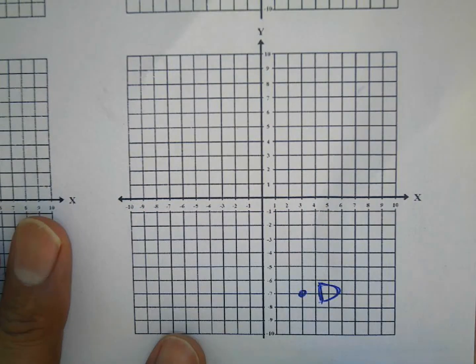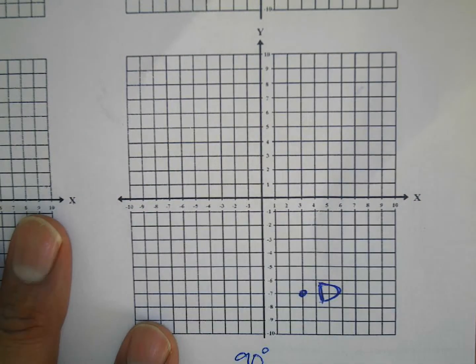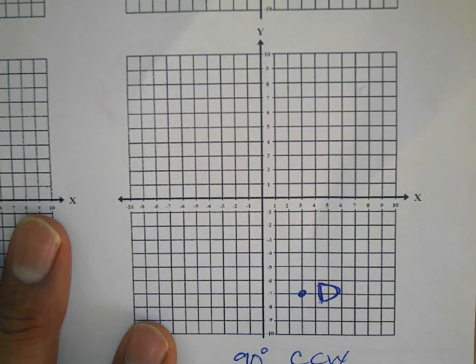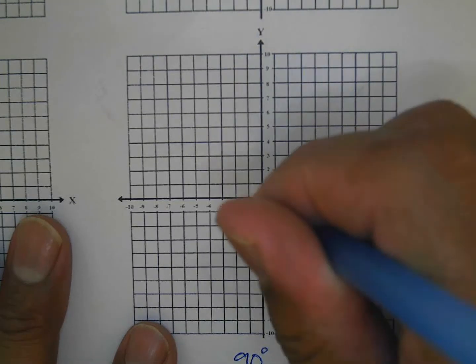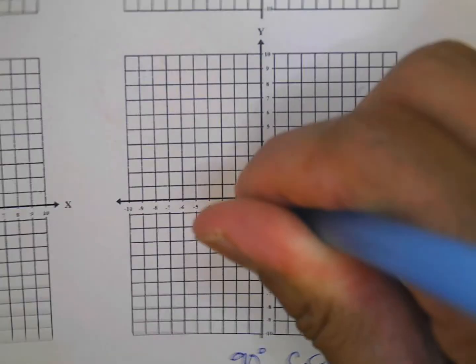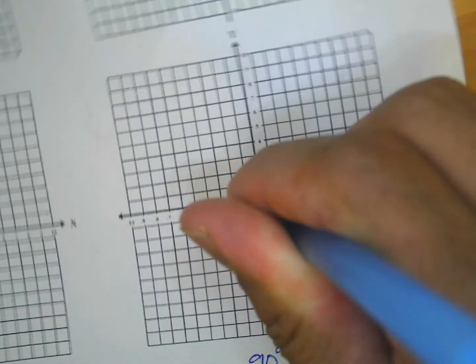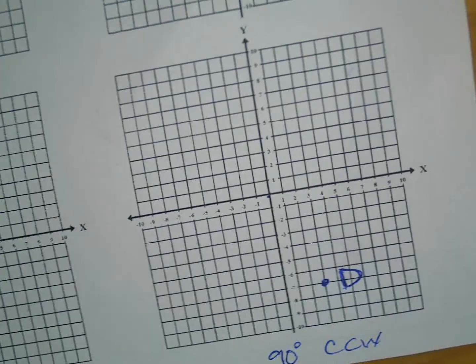We're going to rotate it 90 degrees counterclockwise. Clockwise is the way the clock runs this way. We're doing counterclockwise, so it's just 90 degrees to the left.